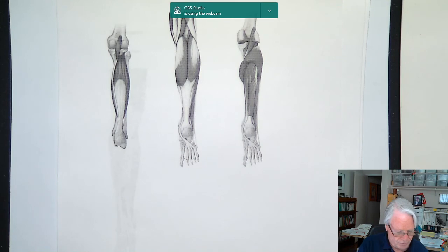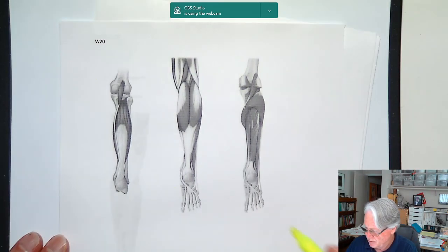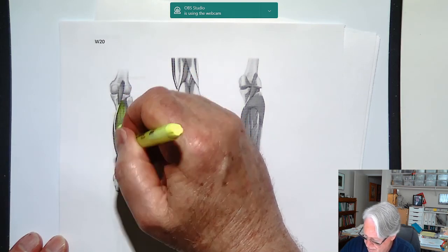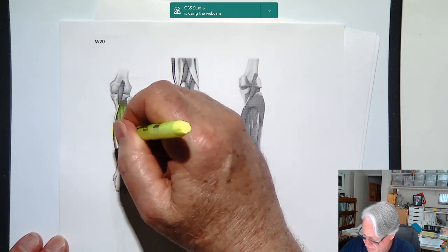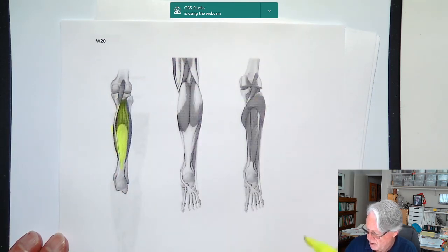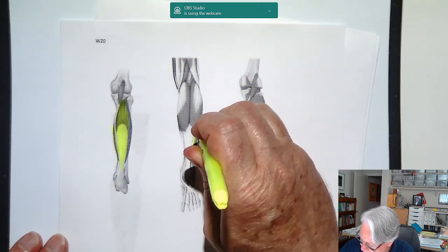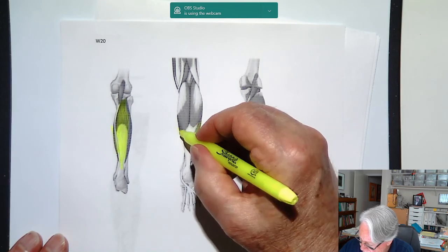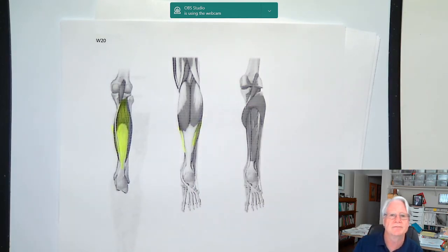And that's going to be, let's go ahead and paint in soleus muscle here, soleus. Okay, and then we can see a little bit sticking out there and a little bit there.